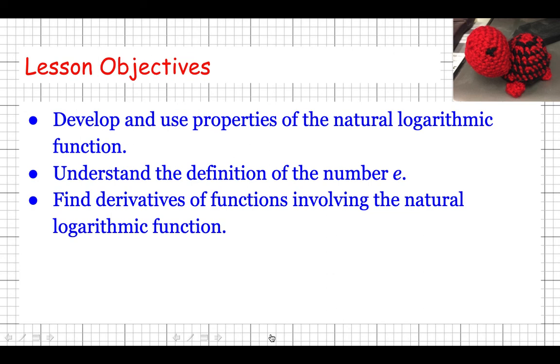We're going to take a different approach here and define these functions as they apply to calculus, and we're going to see that they do end up matching our other definitions. But we're taking the calculus route, to see how we can use derivatives with the natural log function.